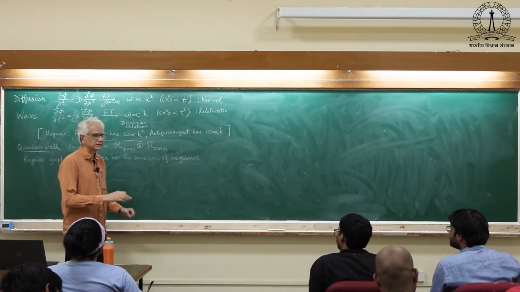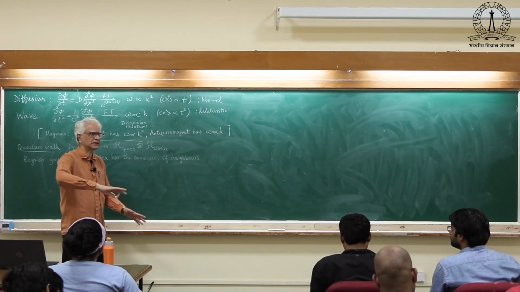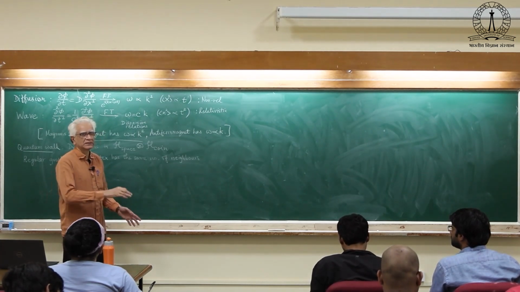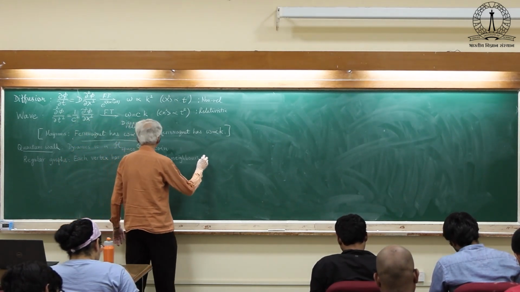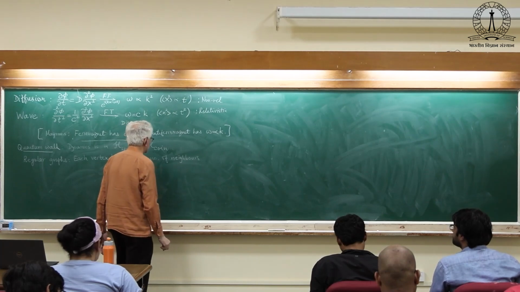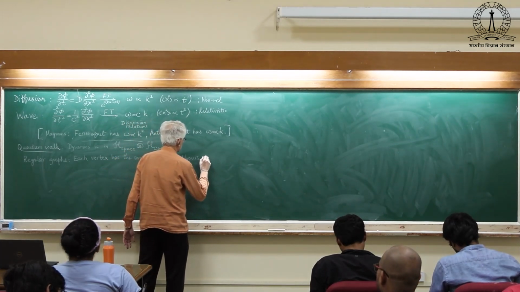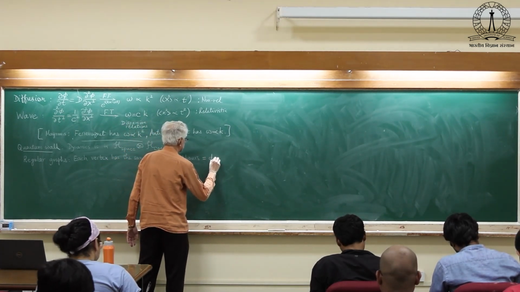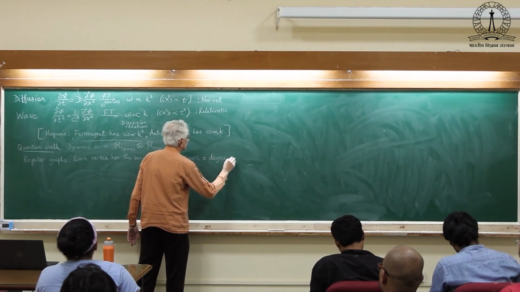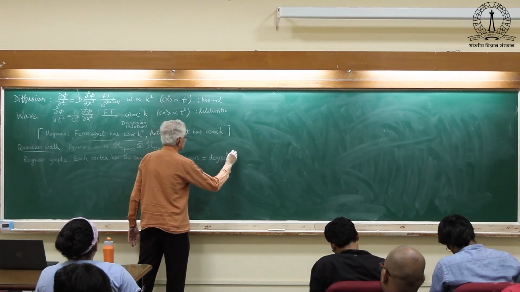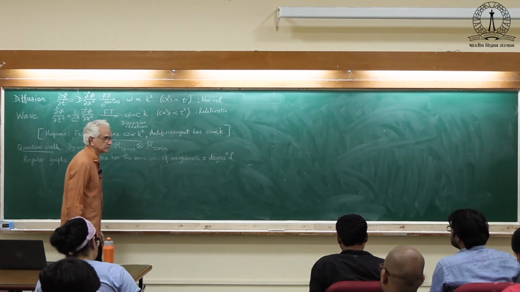You have some point, the same number of neighbors, there is a translation invariance essentially. So no matter where you go, you have the same geometry, and this number of neighbors is called the degree of the graph, and I will denote it by D.